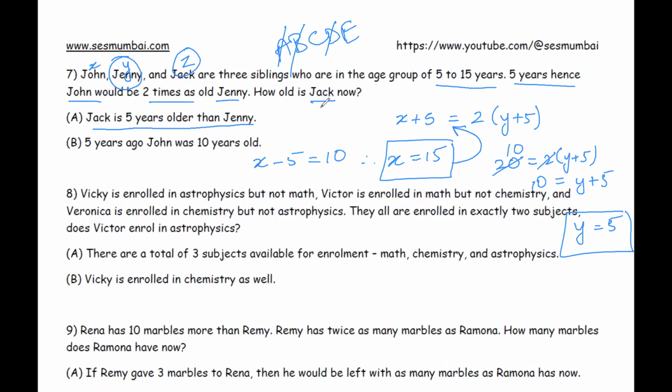So 5 years hence, John would be 2 times as old as Jenny, right? So that part is this one. So this one is not answering. So B was out, but A, I don't remember doing A, but I'll just do it. Jack is 5 years older than Jenny. So Jack, which is Z, is 5 years older than Jenny. So Z is Y plus 5.